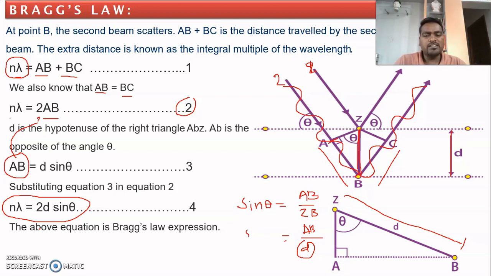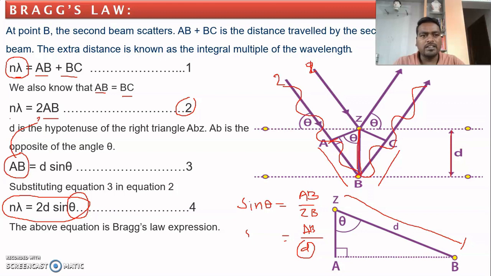So this interplanar distance is the characteristic property of a unit cell, and it can be identified with the help of X-ray crystallography. Dear students, in this experiment, lambda is the wavelength of the X-ray radiation, and theta is the diffracting angle. This diffracting angle can be identified with the help of an X-ray spectrometer.